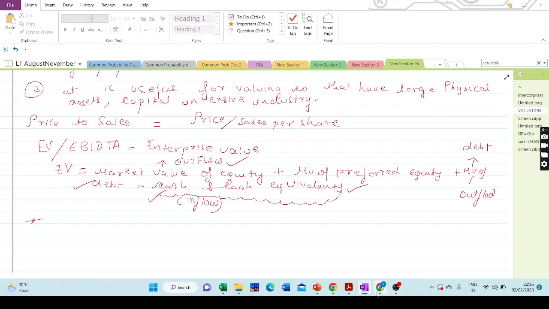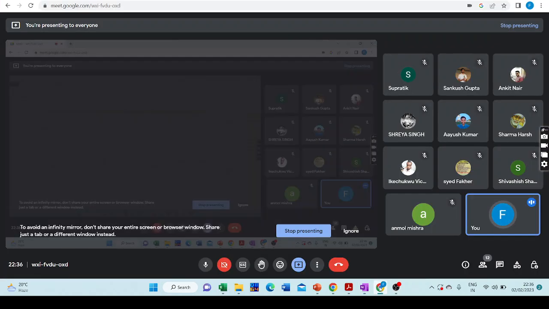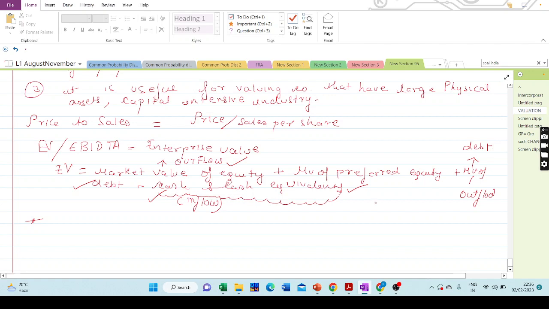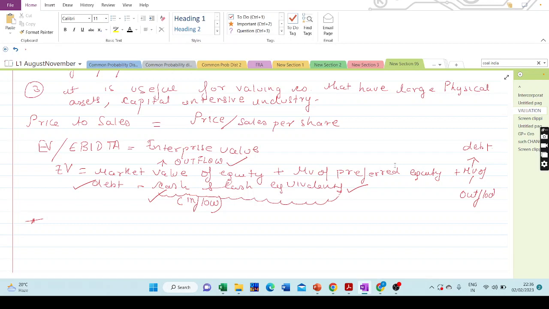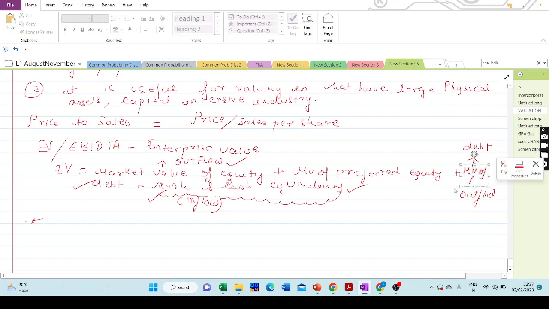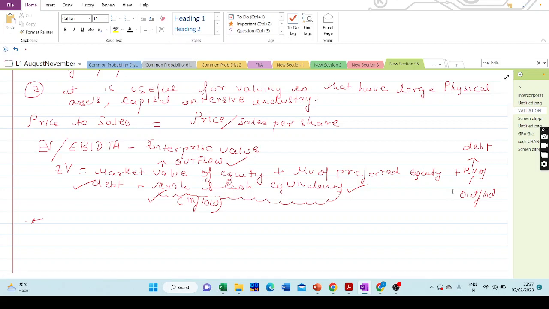Now, what's the problem that you will encounter while calculating EV? Guys, what problem might you face while calculating EV? Please note down, guys, the problem with the calculation of EV is that market value of debt is not easily available. Market value of common equity is easily available, market value of preferred equity is easily available.